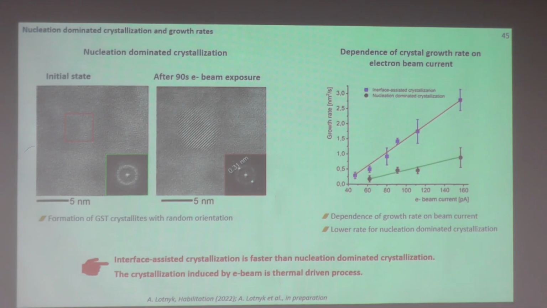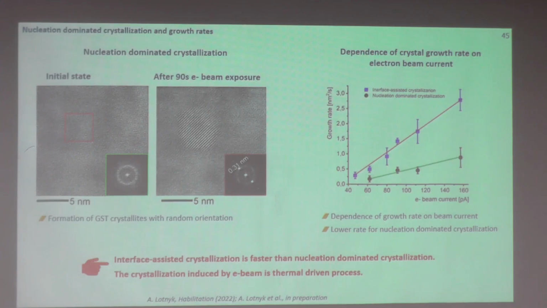Here we can also quantify, we can do different experiments using such crystallization, and we can see that if we use an interface for the crystallization, the growth rate is much higher compared to if we just allow the GST to crystallize from the amorphous matrix. So here we see that the interface-assisted crystallization is faster than nucleation-dominated crystallization.